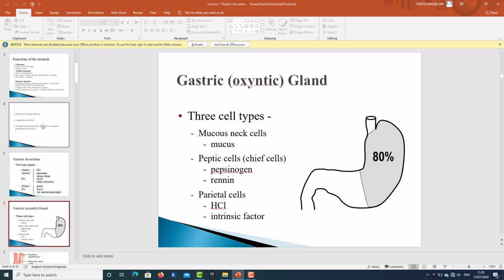Now look at this. The gastric glands occupy 80% of the stomach. There are three different types of cells in the gastric glands: the mucous neck cells, the peptic or chief cells releasing pepsinogen, and the parietal cells releasing hydrochloric acid and intrinsic factor.